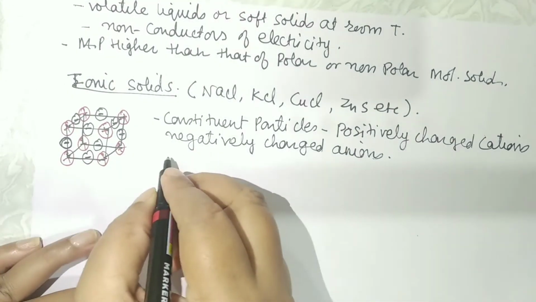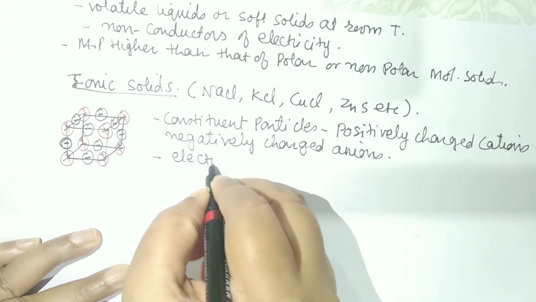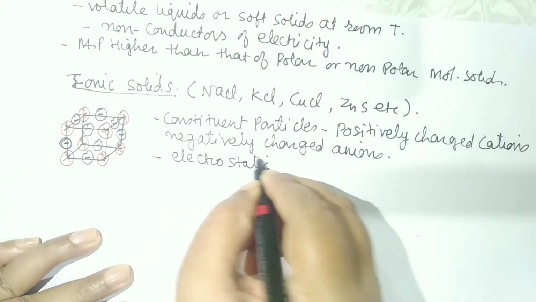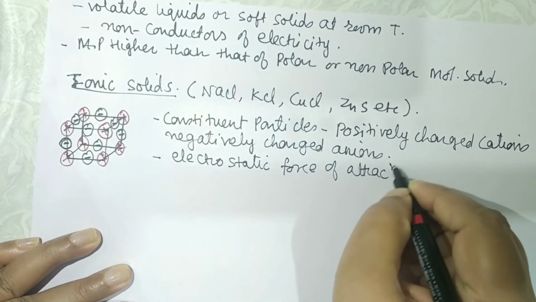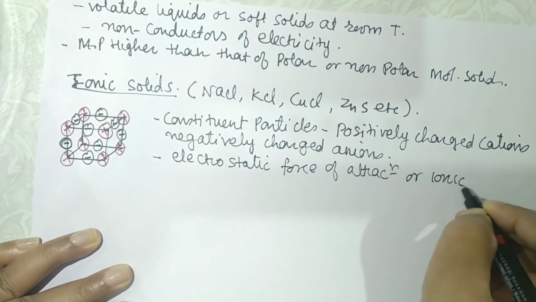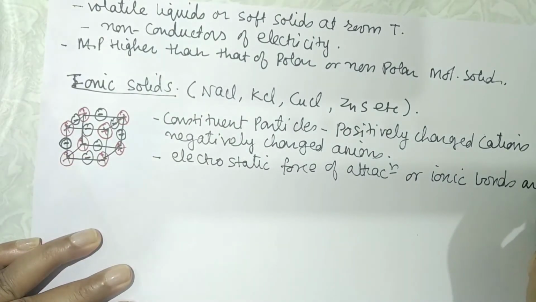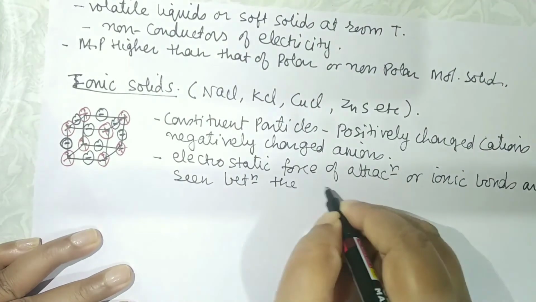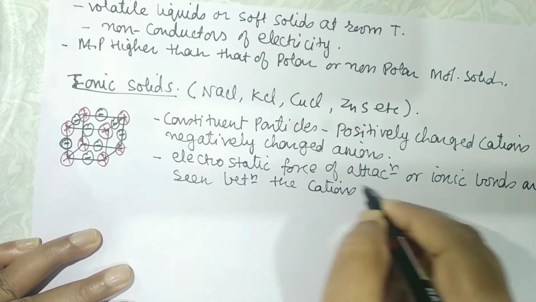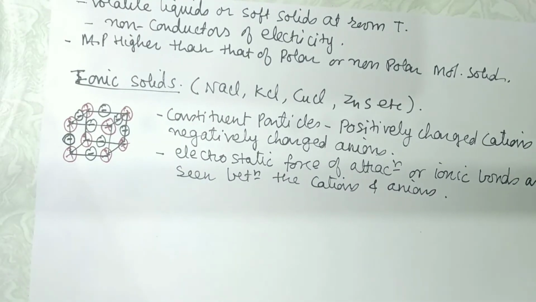Now the force which is there is what we call the electrostatic force of attraction. Or you simply call it ionic bonds present between the cations and the anions. You also call this Coulombic force, because this is existing between oppositely charged ions.